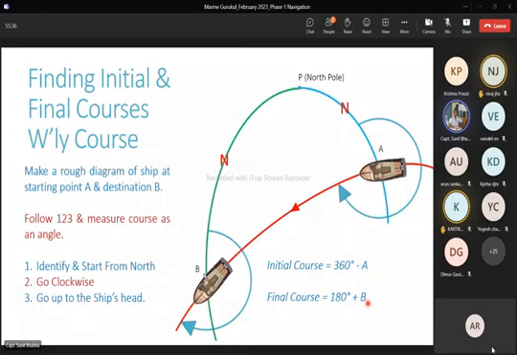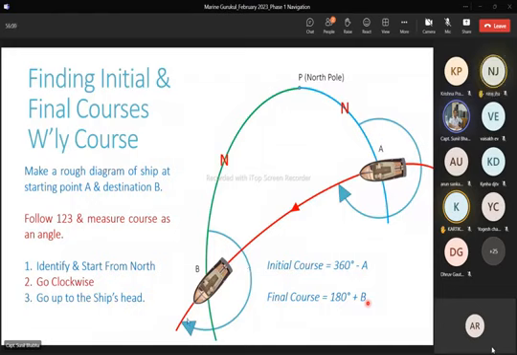I'll explain it again. See, with the cosine formula, we were able to get the inner angle B of the PAB triangle, inner angle B. Now the course of the ship is this sky blue color arc which is shown, and the arrowhead starting from north, going clockwise, going up to the ship's head.